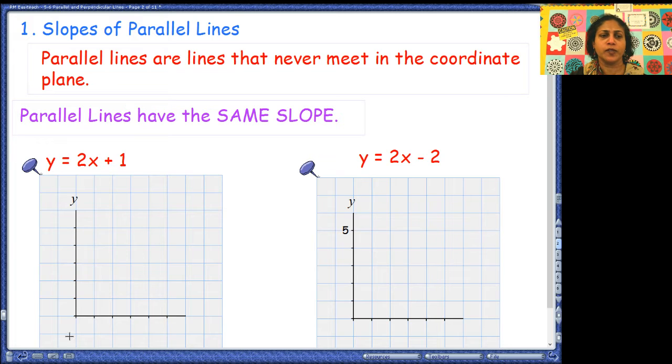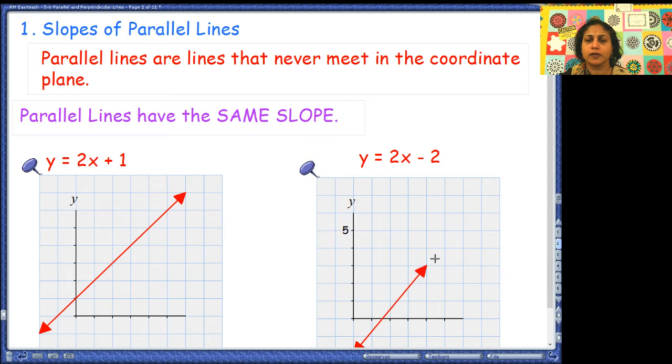graph them for you. So you're going to get it's going to look like so, and then this one is going to look like so.